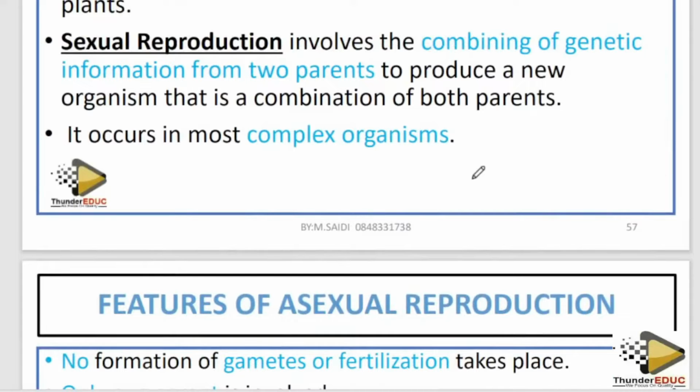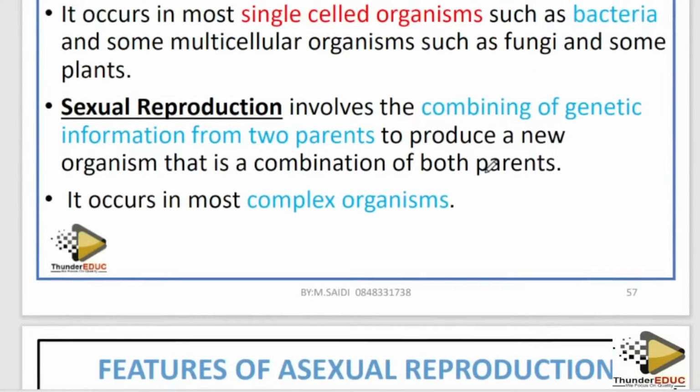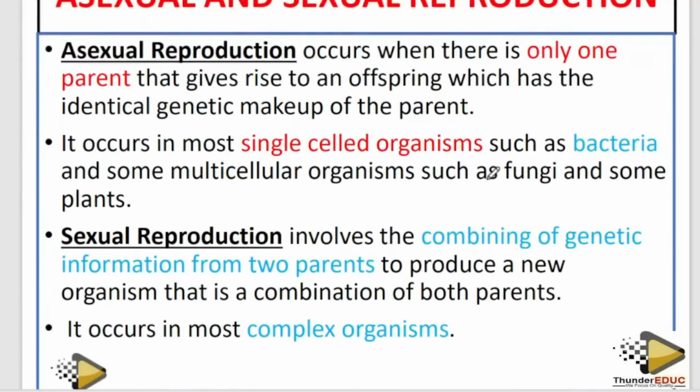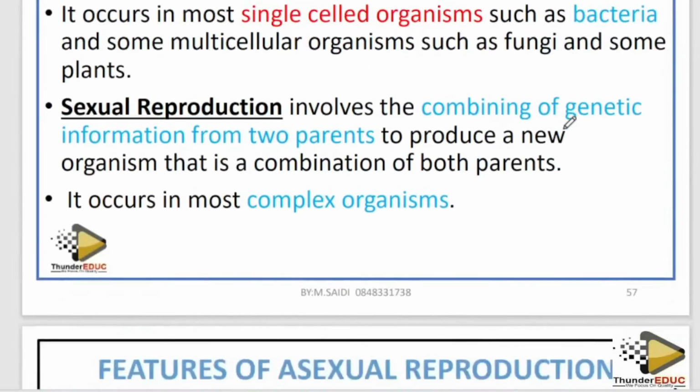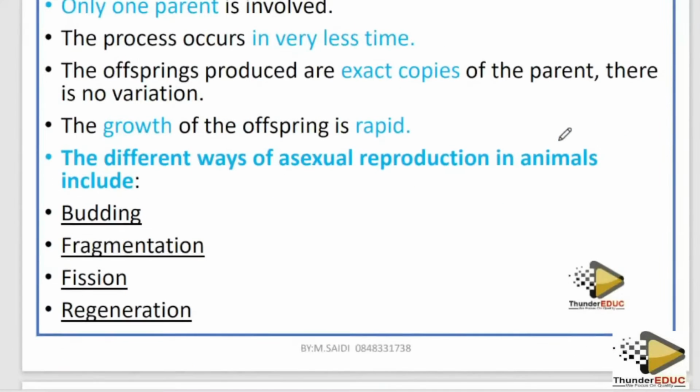Sexual reproduction, know that you require gametes, you require two parents. Asexual reproduction, you require only one parent. You understand? So for sexual reproduction, you require two parents for reproduction to take place.